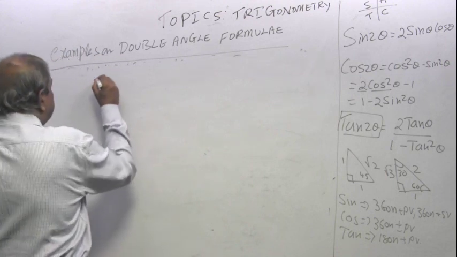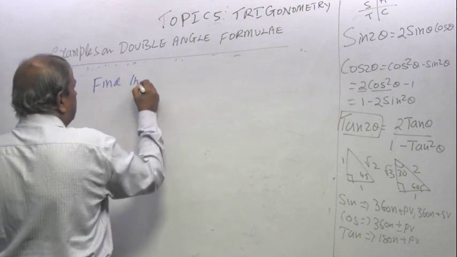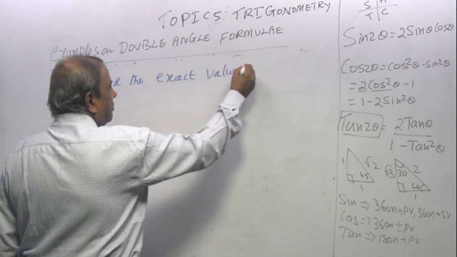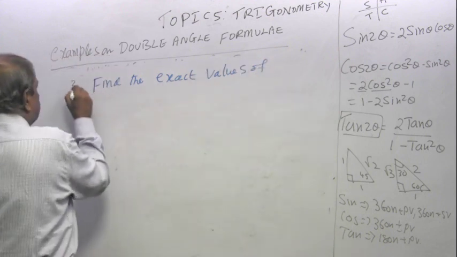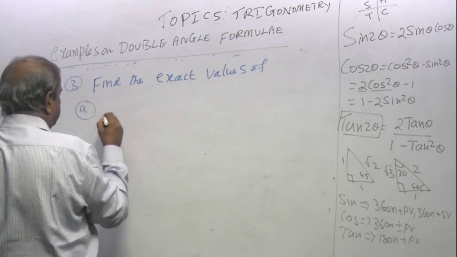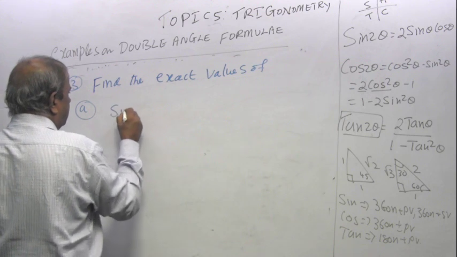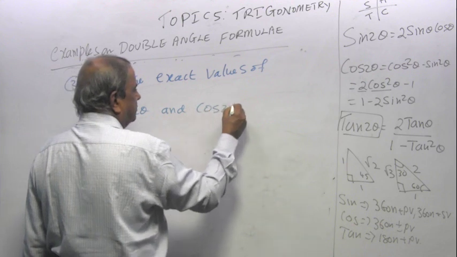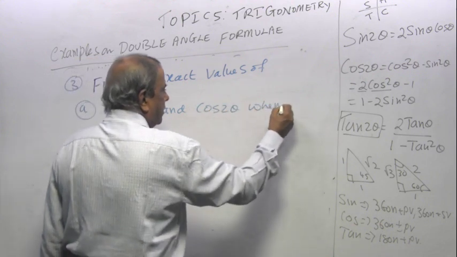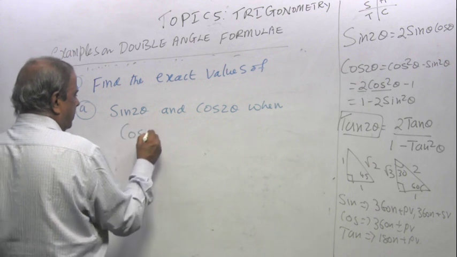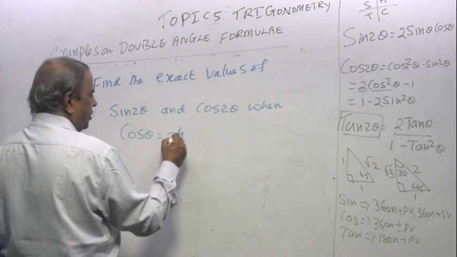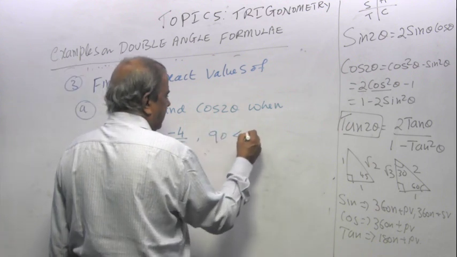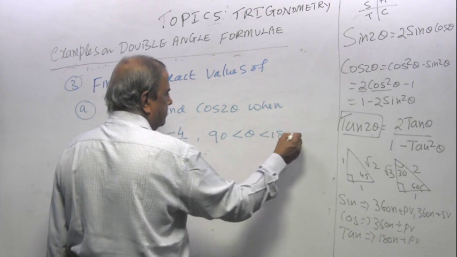Find the exact values of, that's question 3, part A, sine 2 theta and cos 2 theta when cos theta equal to minus 4 over 5, 90 less than theta less than 180.